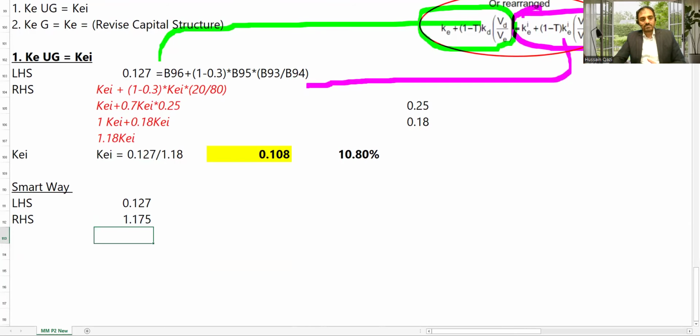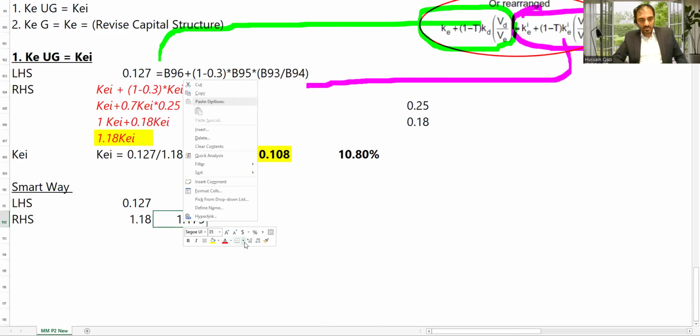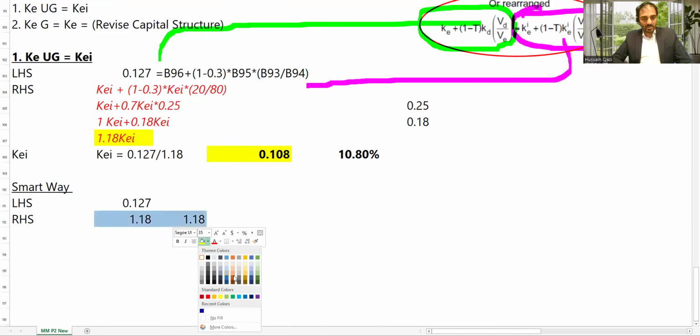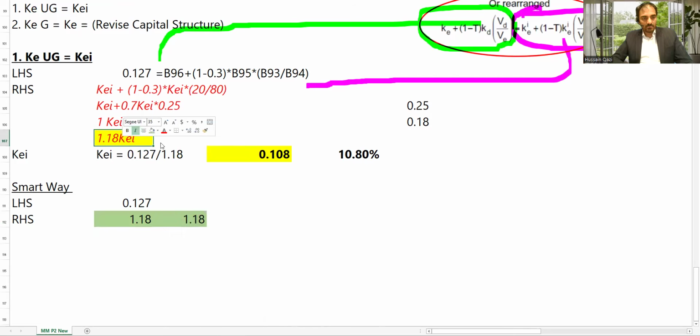The answer will change. Sir, once again? Yes, why not. It is equal to 1 plus (1 minus 0.3) multiplied by 20 divided by 80. The right hand answer remains the same.